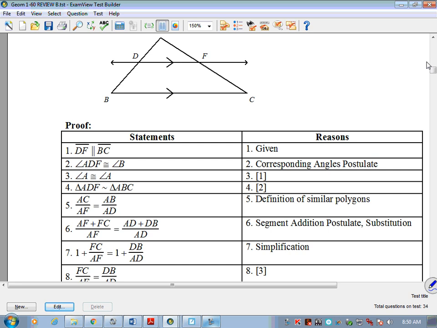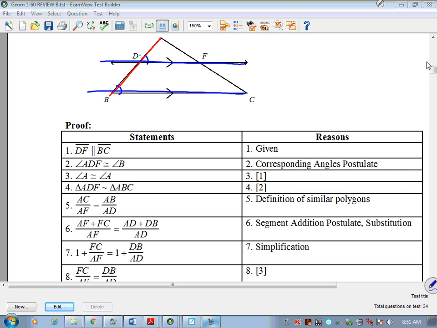Angle ADF is congruent to angle B. So what they're saying is angle ADF is congruent to angle B because they're corresponding angles. Okay, I've got two parallel lines cut by a transversal, making these two angles congruent. So if I've got my two parallel lines here and here, then my red line is my transversal.